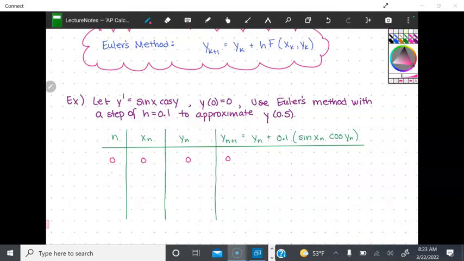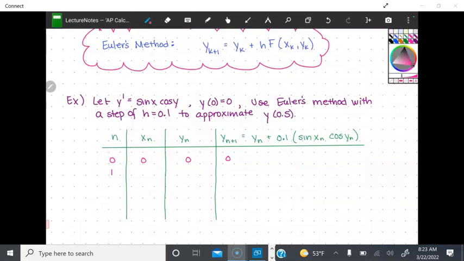So then our next value, n, is going to just increase by 1 every time. Anybody know what I'm going to put in for the x column? 0.1, exactly. Remember, h is our change in x value, so that's just going to tell you what your x's are going to increase by every time.